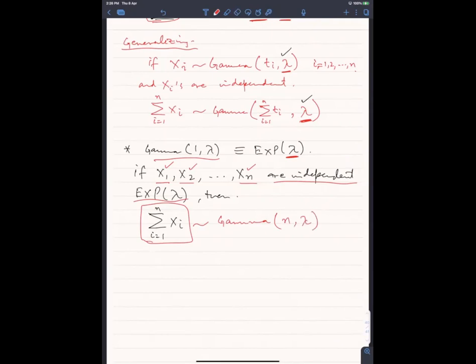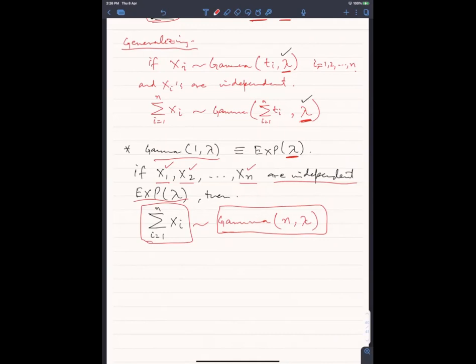Okay, so exponential lambda is the waiting time until an event of interest happens. Gamma n lambda would be the waiting time until the same event happens n times. Take rolling a die, for example, waiting until a 6 comes.